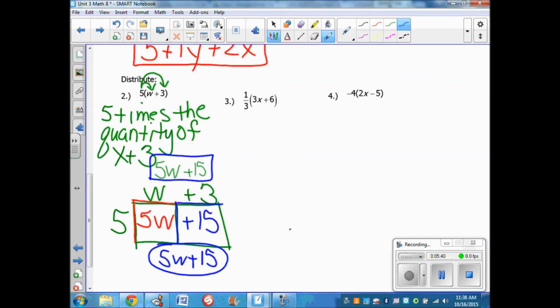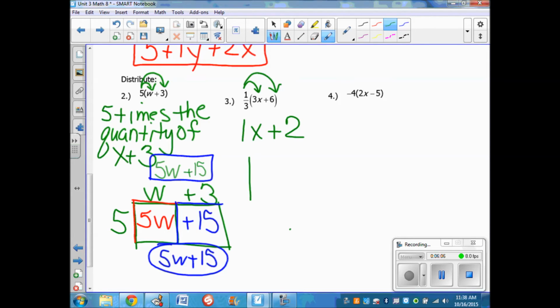Number 3. We've got 1/3 times the quantity of 3x plus 6. So what's 1/3 times 3x? 1/3 times 3 is going to be 1x. And then 1/3 times 6 is going to be 2.